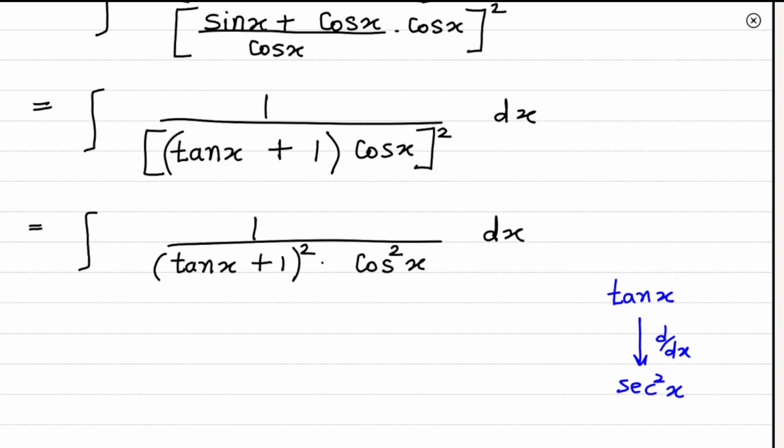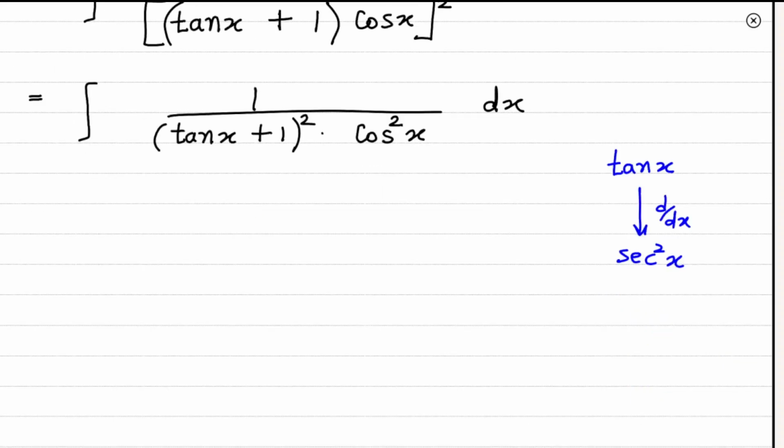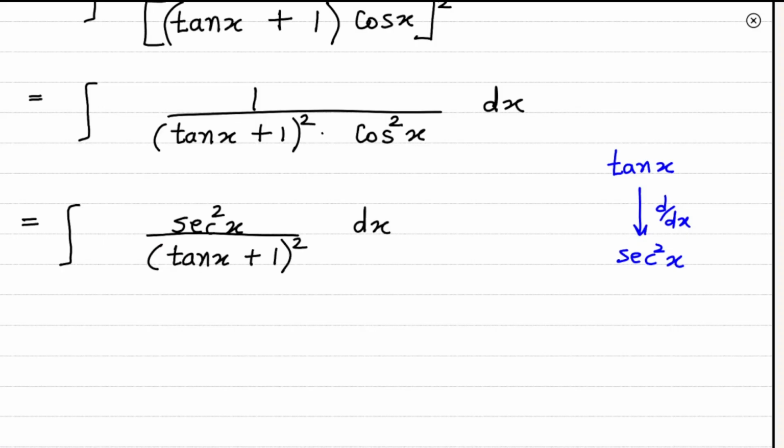If you notice carefully, this 1 over cosine square x is nothing but sec square x. That means the differentiation of this function is already present over here. Now let's write that down to make it obvious. So we have integral of 1 over cosine square x, which is nothing but sec square x, and in the denominator we have tan x plus 1 the whole square, and we are obviously integrating with respect to x.